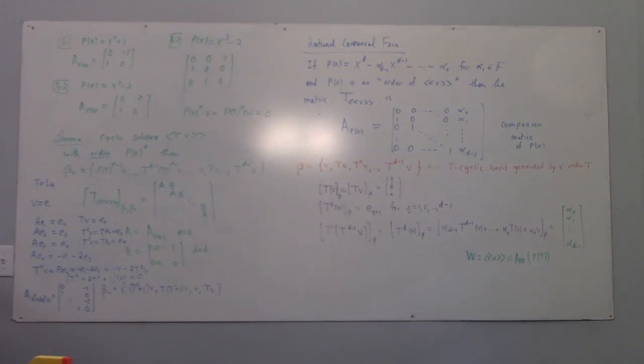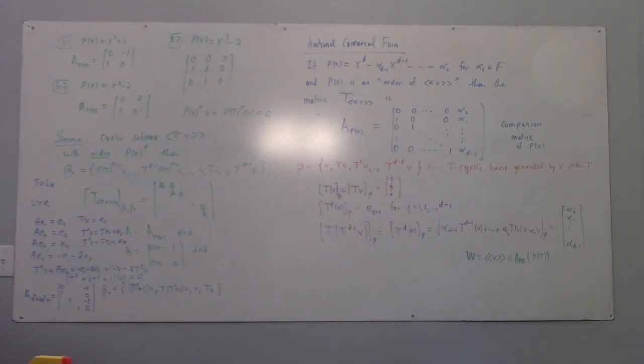So if you want to know the minimal polynomial, I defined it for a transformation, but we can just as well define it for a matrix. It's the monic polynomial of smallest order that, when we plug the matrix in, gives the zero matrix. And so the minimal polynomial for the companion matrix will be the polynomial for which the matrix is the companion.